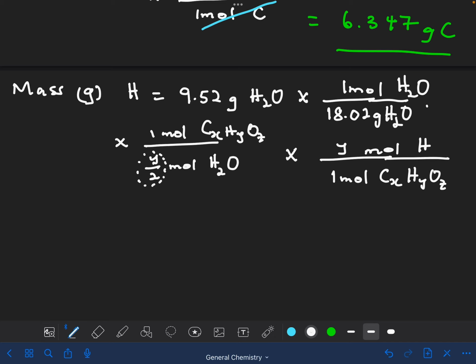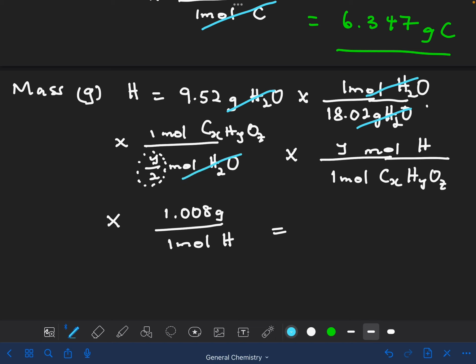And then I multiply that finally with the molar mass of hydrogen. So hydrogen is 1.008 grams. Obviously also here, these units will cancel each other.